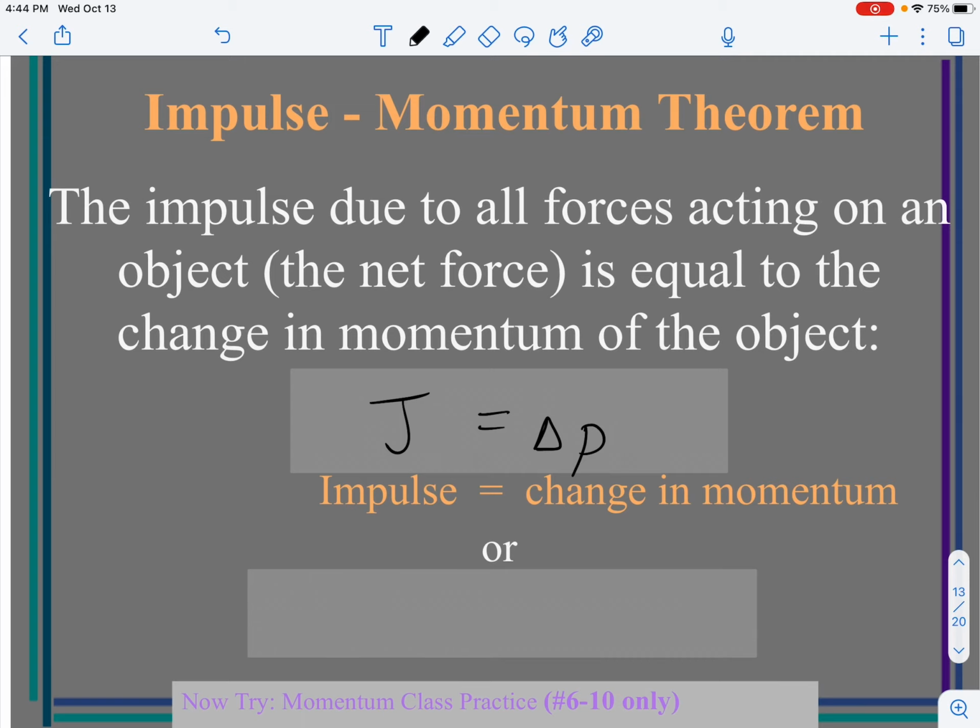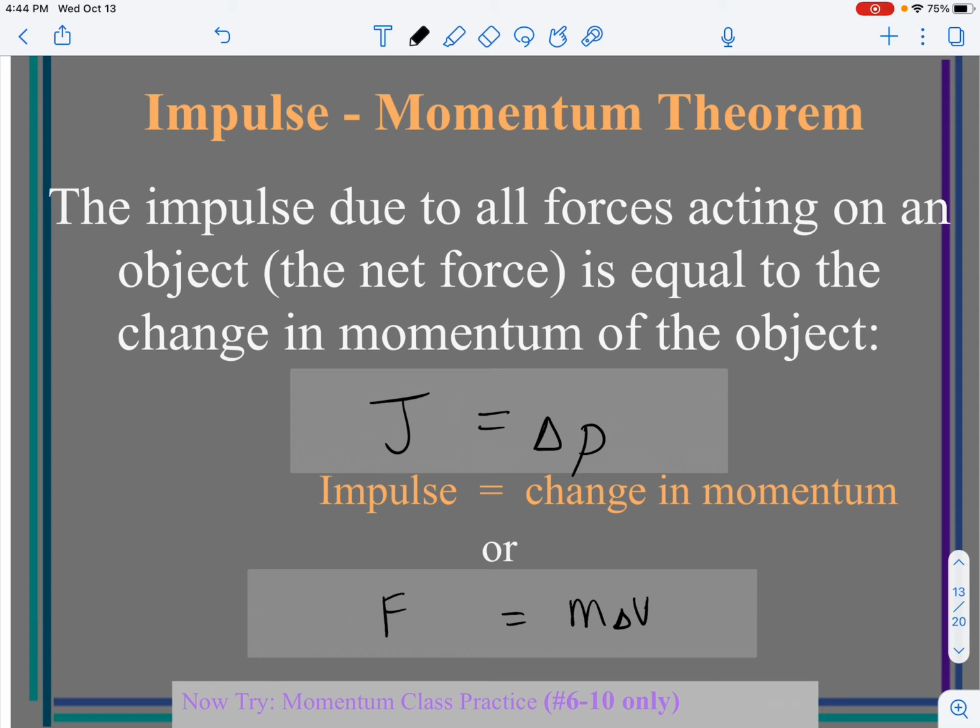So I will give you one additional equation, and it is basically relating these two together. Our delta P is going to be the same as mass times the change in velocity. That goes back to the main idea that we started with, that momentum is mass times velocity. If the momentum changes, it's because the velocity changed.